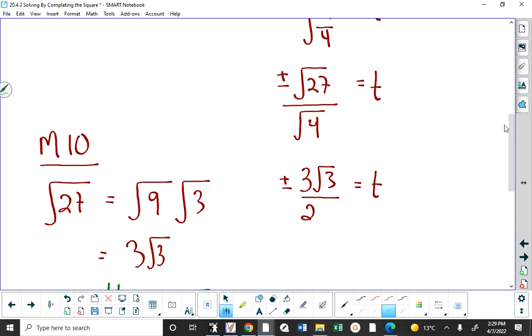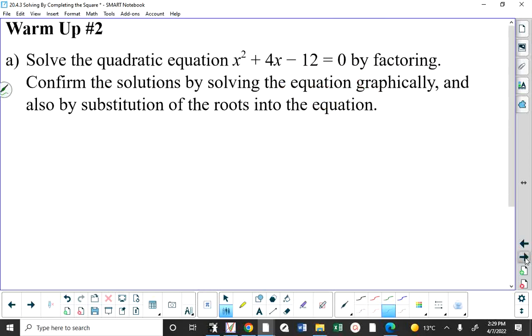Okay, let's continue with some review here. Solve this quadratic equation by factoring. This is really like, if you look up in a high school math dictionary, stealing candy from a baby, they'll have a picture of this equation. It's so simple. It better be so simple by now.